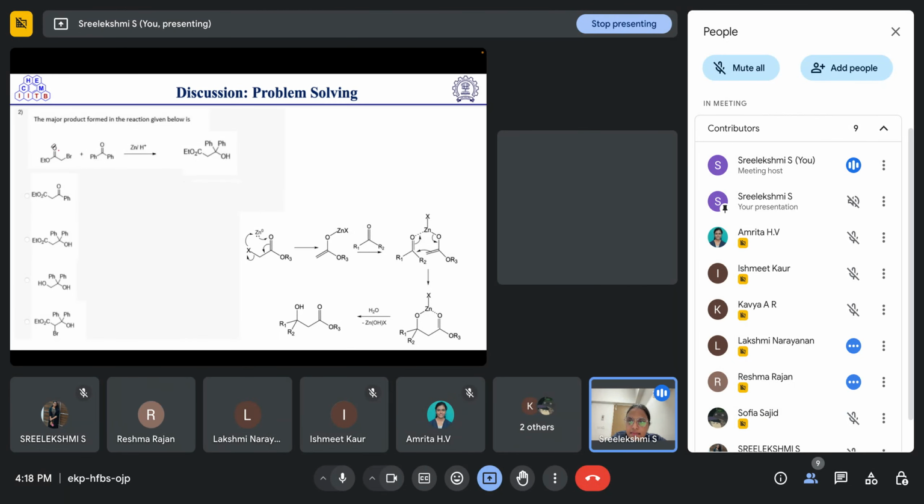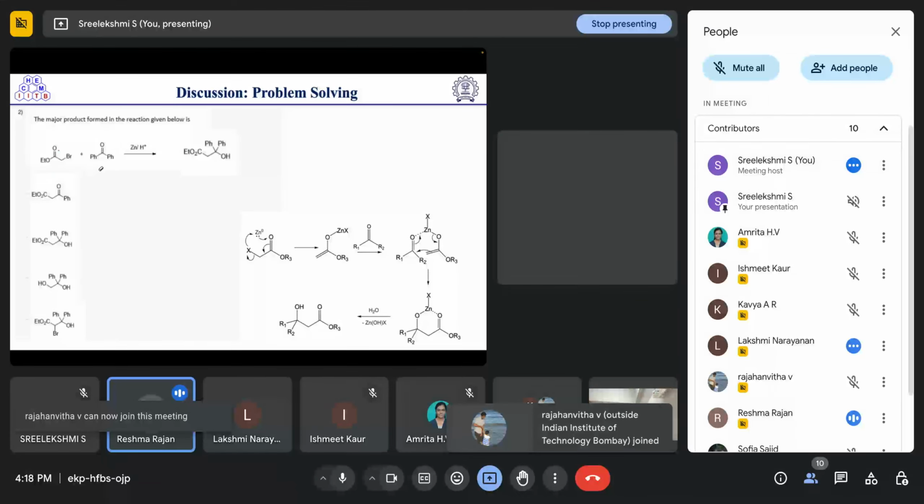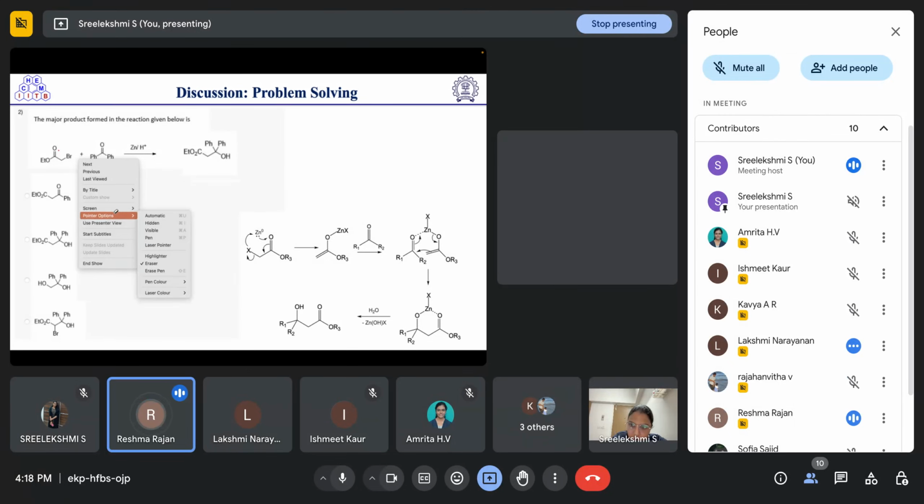You are telling this will exist as ketone and a double bond here as well? Keto-enol form, it can form. Keto-enol form means here it will be OH and here it will be a double bond, right? That double bond can go and attack the C double bond. That C is electropositive, right? Yes.